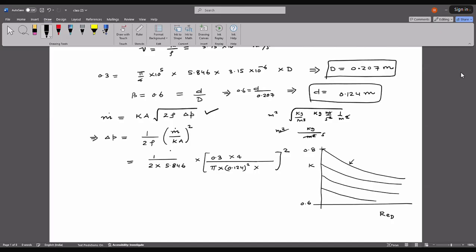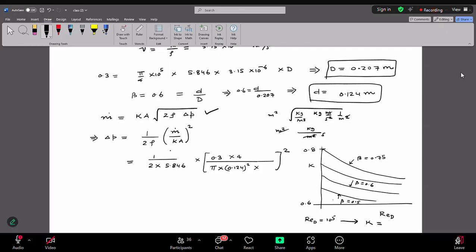Let's say this is beta equal to 0.75, this is beta equal to 0.5, and let's say this is beta equal to 0.6. Corresponding to the Reynolds number of 10 to the power 5, from the plot, the flow coefficient K comes out to be 0.652.